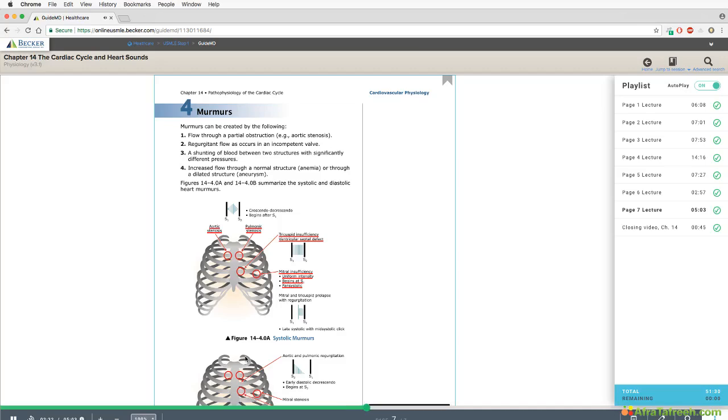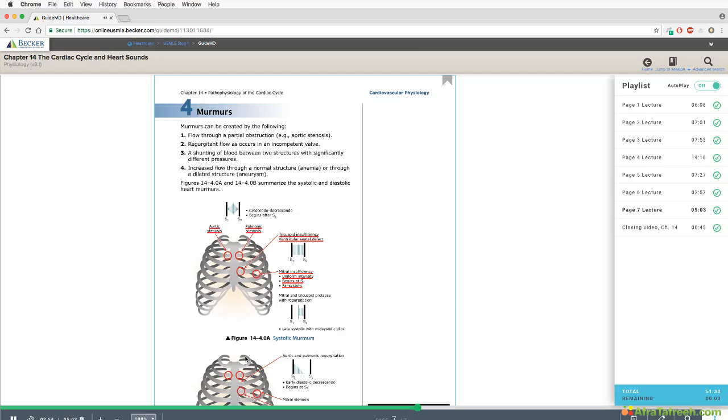Now, in terms of diastolic murmurs, there's only 2 that we have to deal with here. The first one is aortic or pulmonic insufficiency. Now, aortic insufficiency, pulmonic insufficiency, and they'll test aortic insufficiency in most cases.